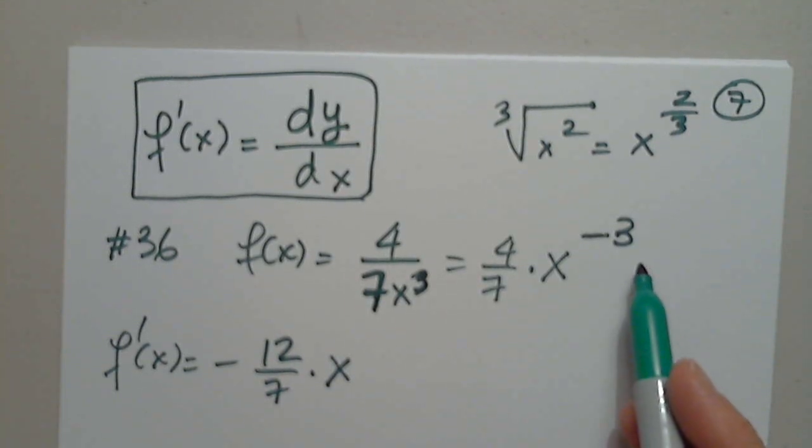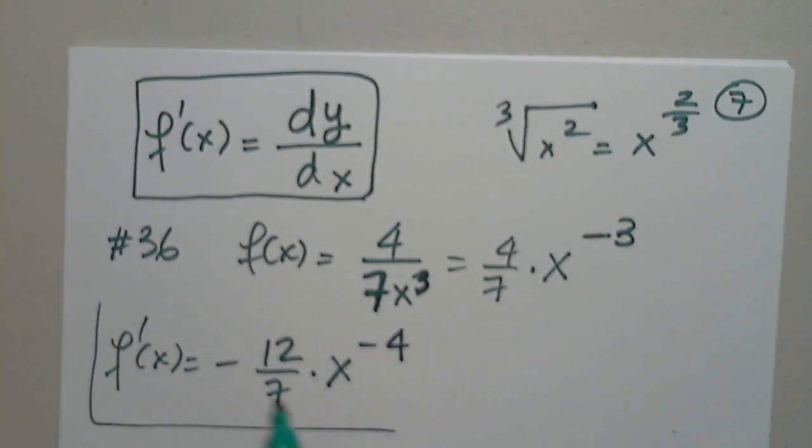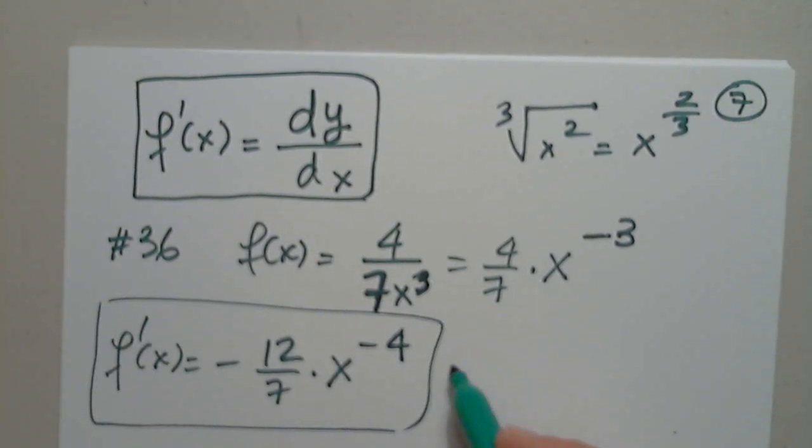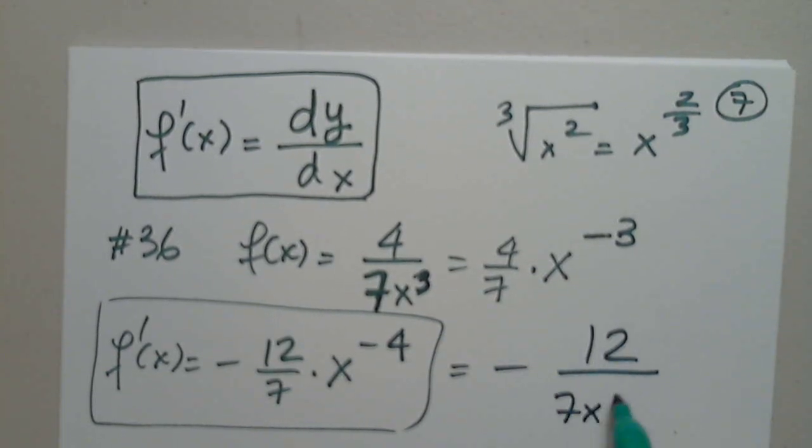You owe me $3 and I give you one more. How much do you owe me now? 4. Yes, of course, -4. This is it. Yes, you can continue and now you can bring it back down. -12 over 7x to the 4th.